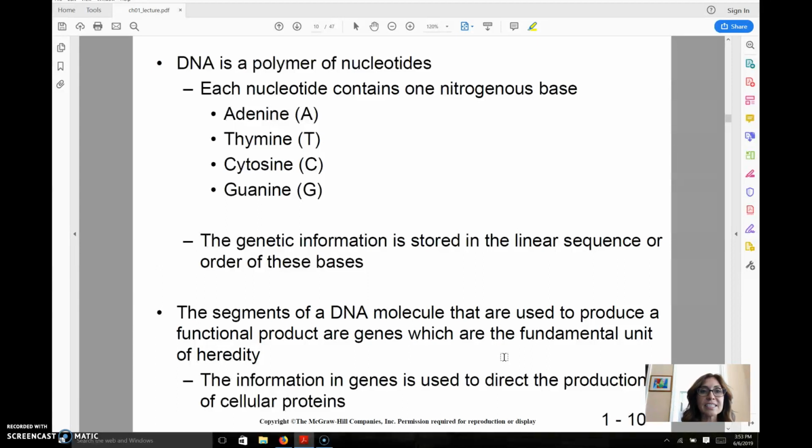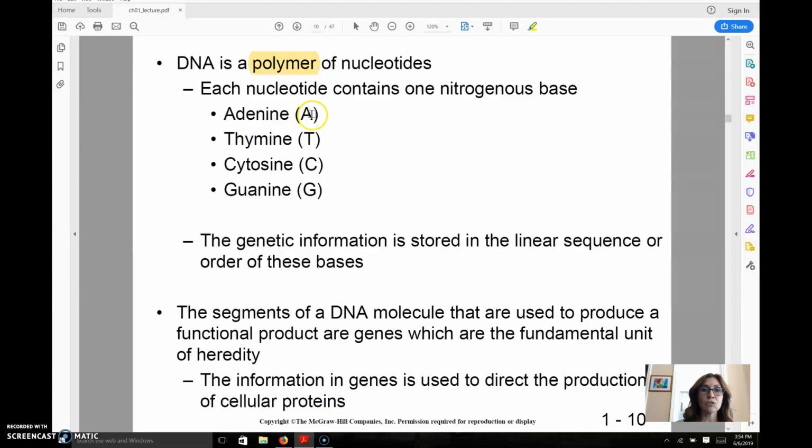For our last slide, DNA is a polymer of nucleotides. Remember polymer, poly for many, mer for repeating, many repeating units. These nucleotides are made up of nitrogen, oxygen, and phosphates, and they are designated in terms of the nitrogenous bases associated with the rest of the nucleotide shape.